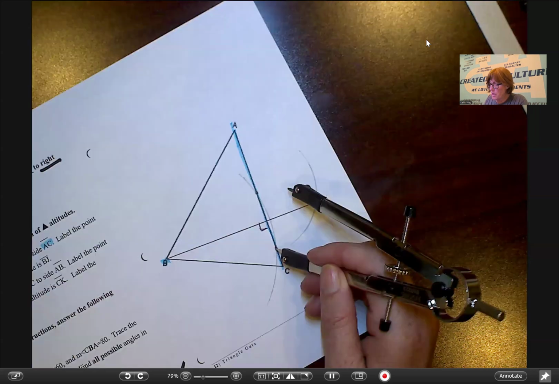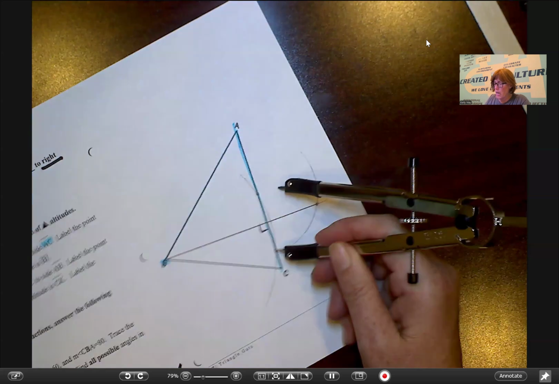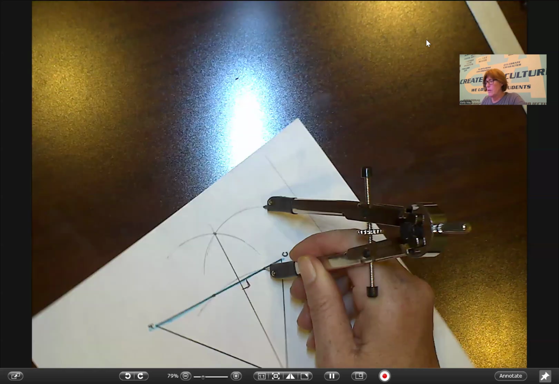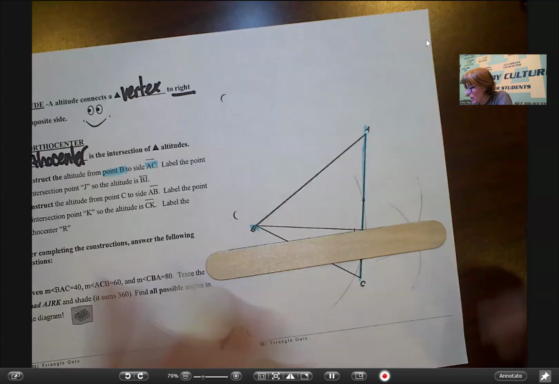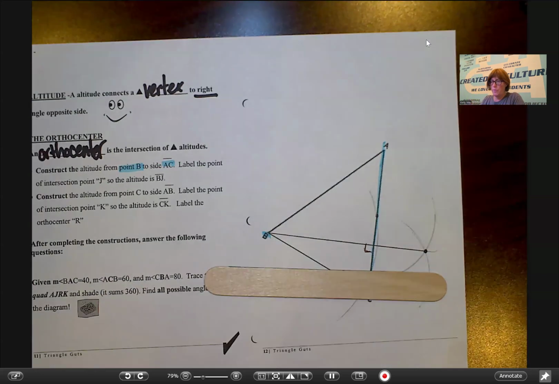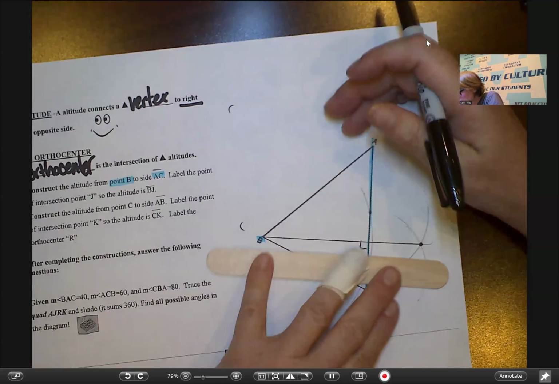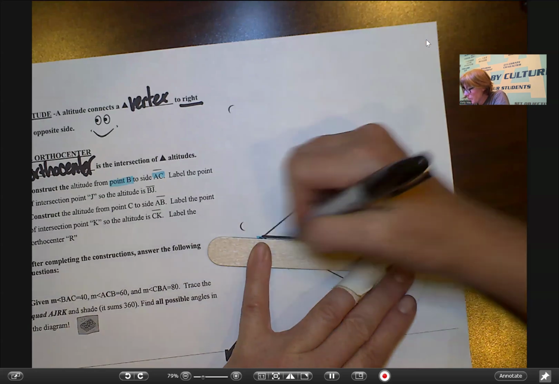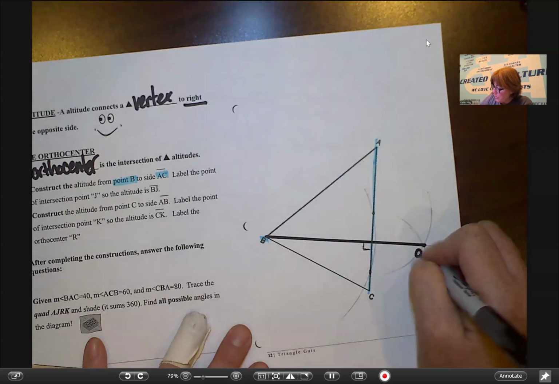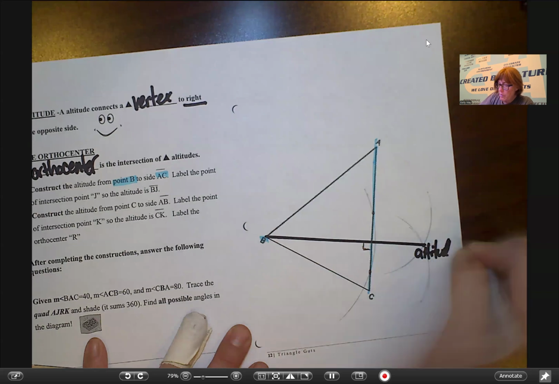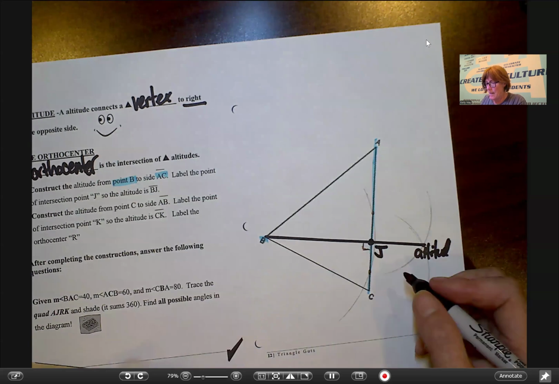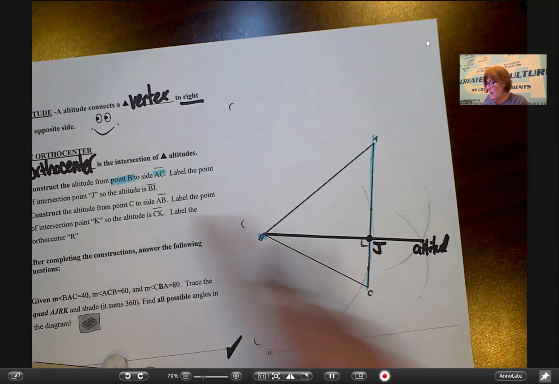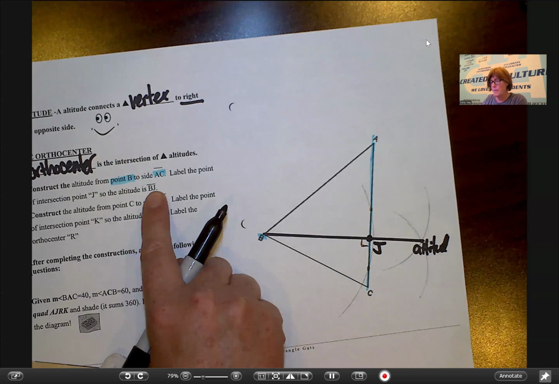Don't change your compass setting from the other side. Tilt, drag, twirling the paper. And line that intersection up with your vertex. This is an altitude. And the point of intersection is going to be J. So we have an altitude B to J.